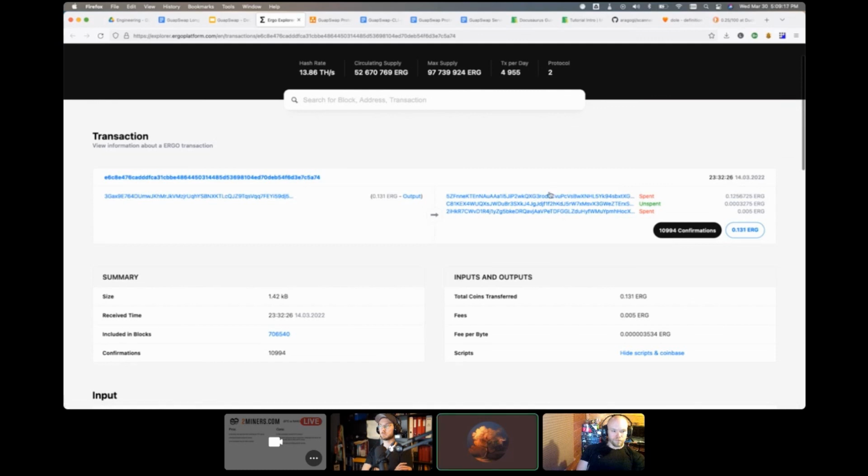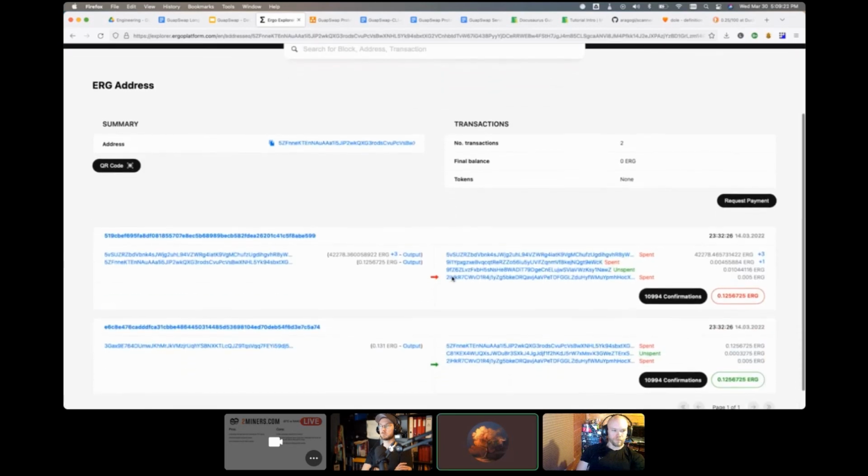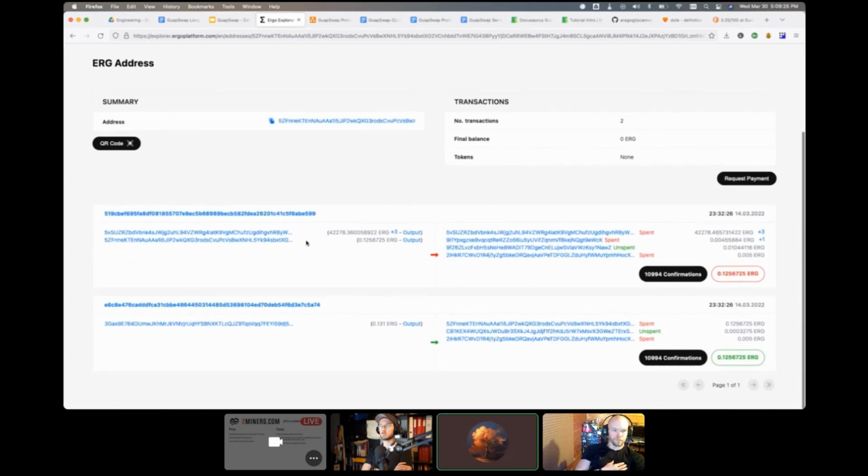So if we click on the first box, the Ergodex box, we can see what happened. So it got picked up by the bot, and then it also picked up the associated pool for the token that the person wanted to swap with. So whatever token that they chose, it comes out from this liquidity pool, which is just a box on the blockchain.